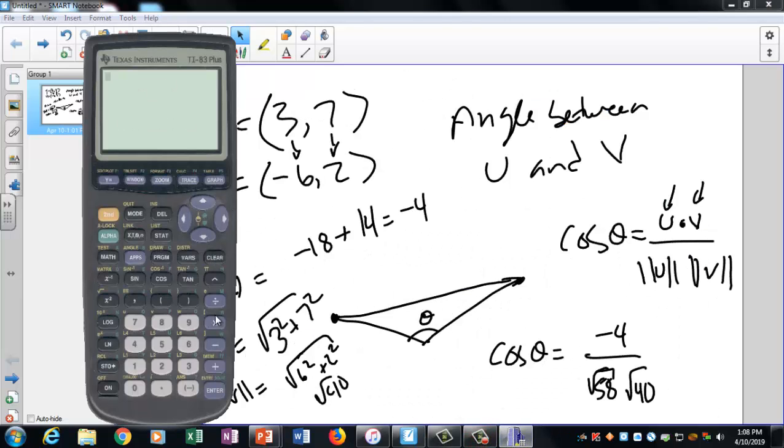So in order to type this in, we're going to do arc cosine of negative 4 divided by, excuse me, I apologize, that was rude, square root of 58 times the square root of 40. Okay. Again, this bottom part has got to be in parentheses. If not, it messes up the whole.